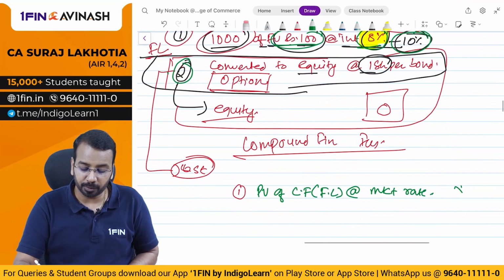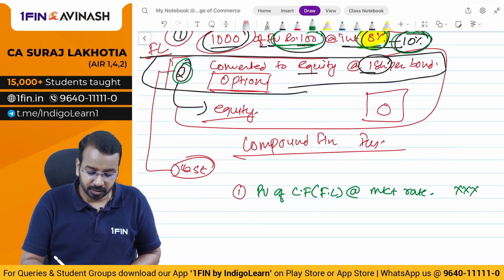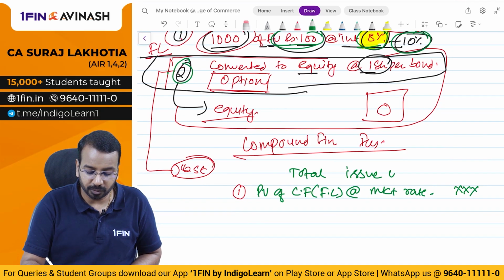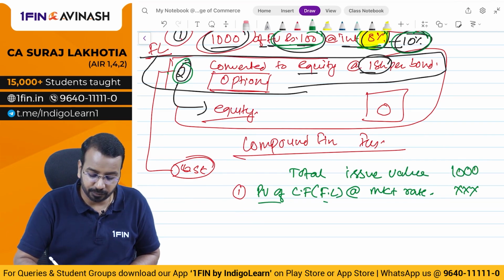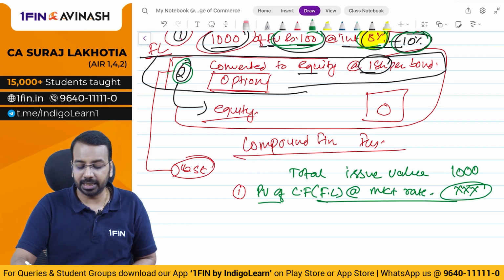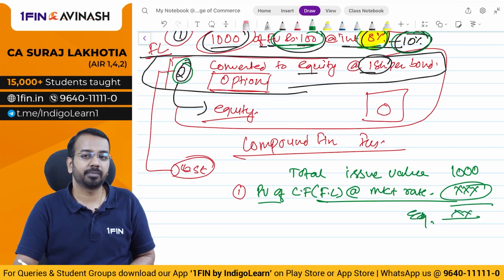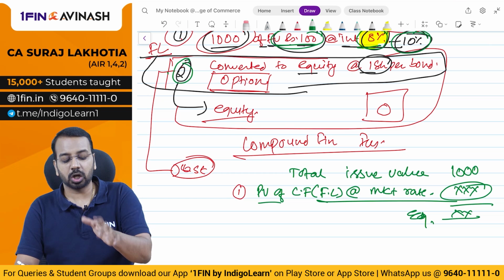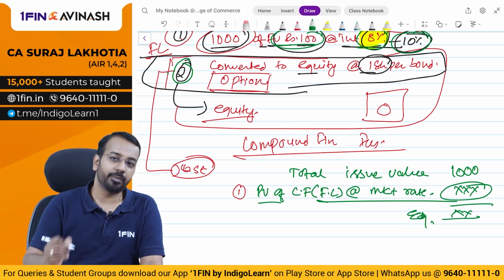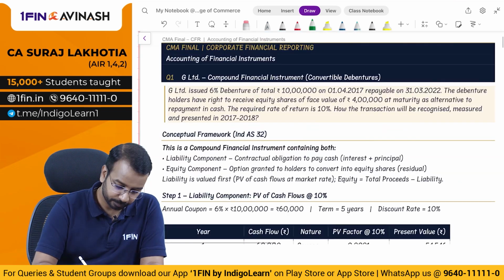So you will get some amount. There will be a total issue value, let us say 1000. From that you remove this present value of liability, and the balance whatever you get will be equity. Now to understand this better, solve it using a question.